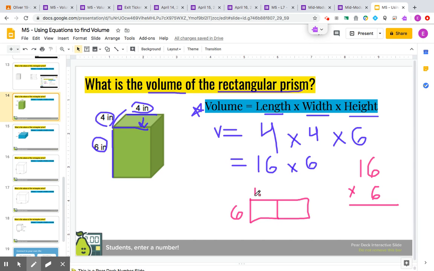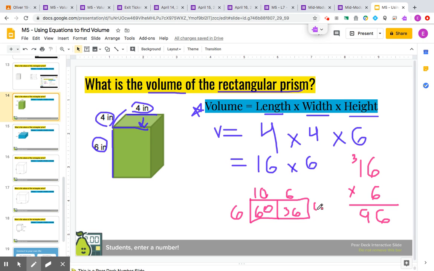So it'd be 6, and then 10, and 6. So 6 times 6 is 36. And then I multiply. 6 times 10 is 60.